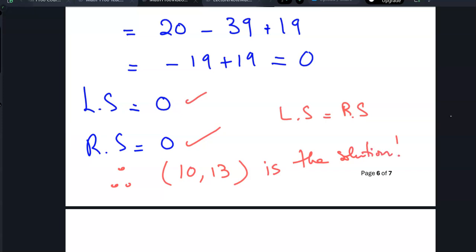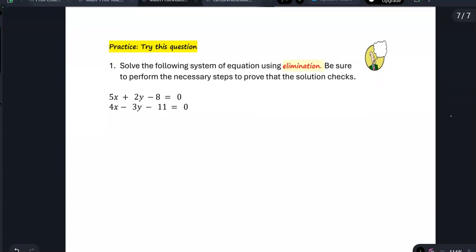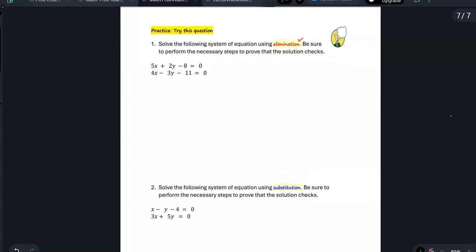Alright, I have the exercise for you to work on here. This exercise has two questions for you. It will be using elimination for this one and using substitution for this one. As you see, I tell you what method to use.